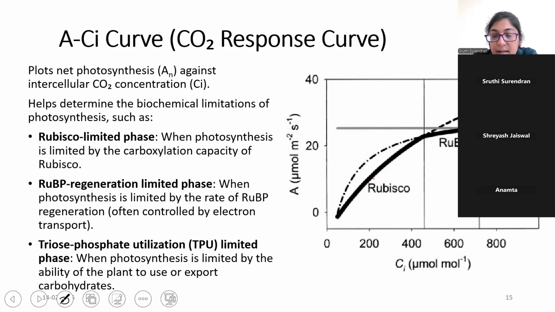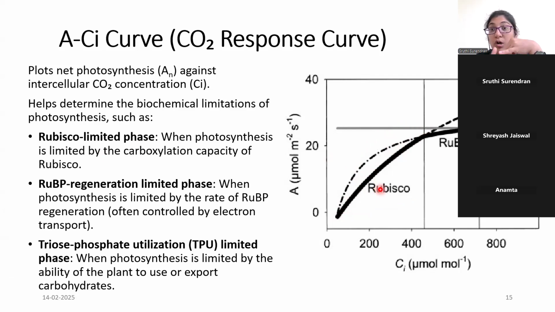So we see that this portion of the curve, whatever slope value we are getting, is giving us the maximum rate of carboxylation. Now, if you remember in the previous class, I had talked about three limiting factors that are going to affect photosynthesis.